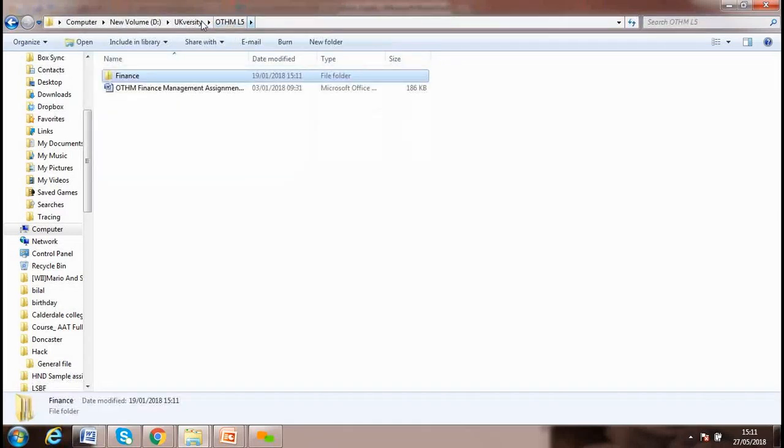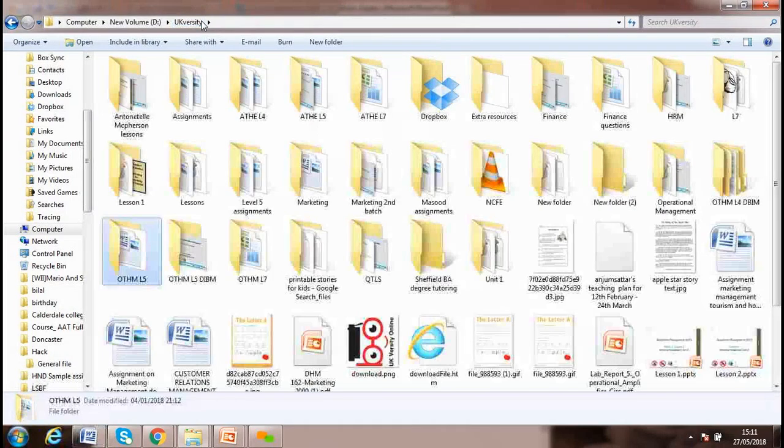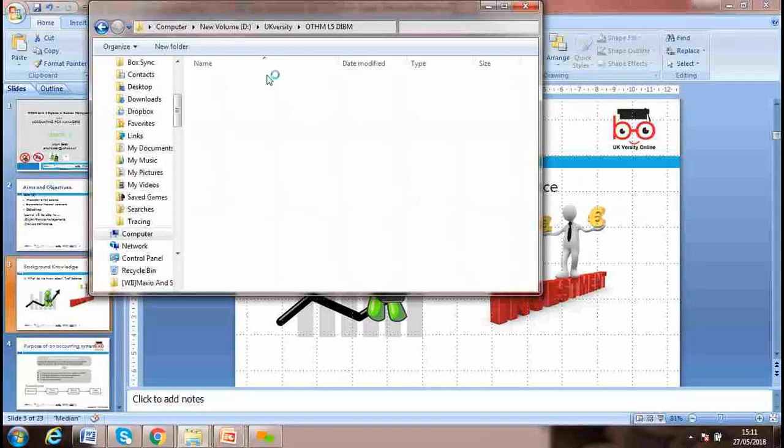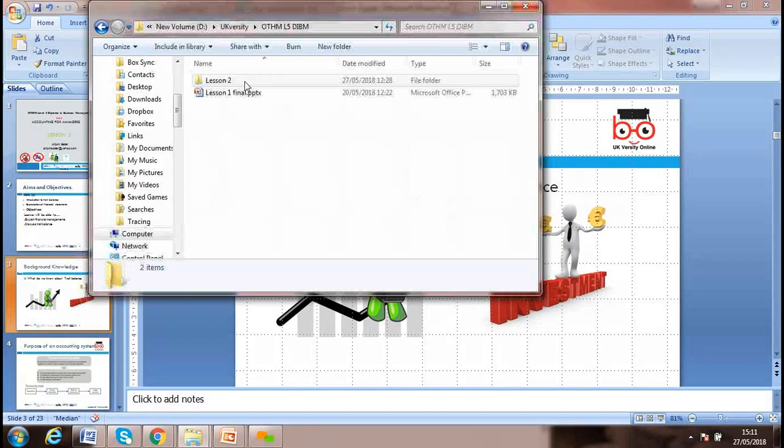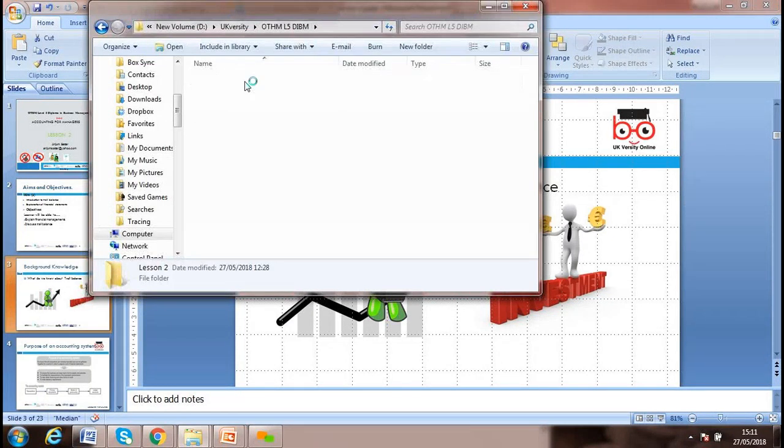I'm wrong folders. Yes, I need to pick the right folder. Okay. Okay. Today is a lesson 2, which I'll send you this all this stuff later on, and we'll go through the trial balances.